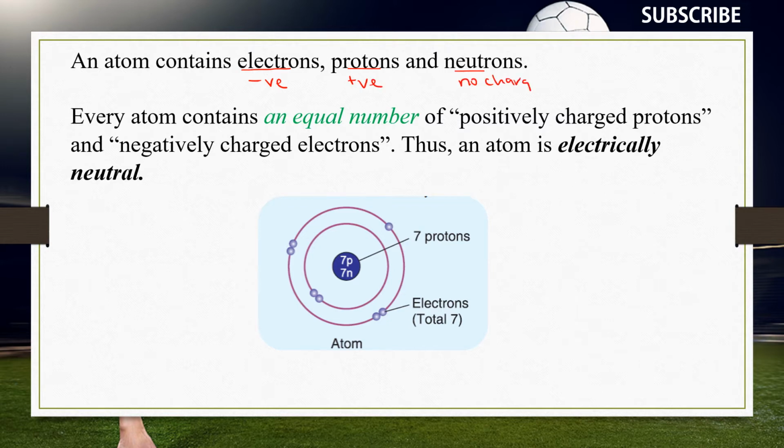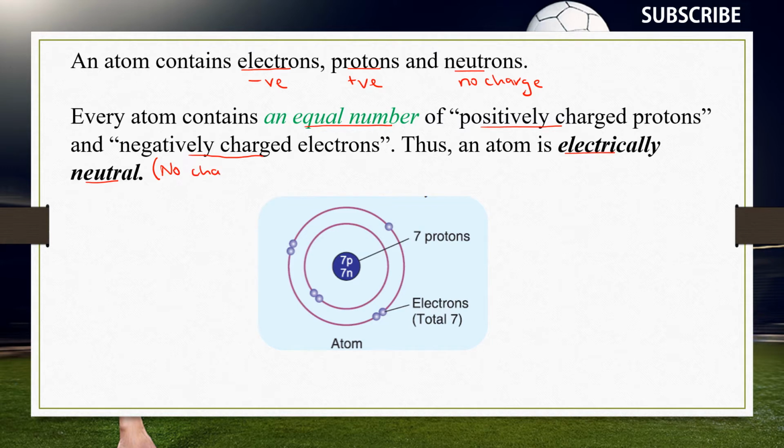And we know that an atom contains an equal number of protons and electrons. So positively charged protons are always equal to the negatively charged electrons. And as such, this atom is electrically neutral because it has no charges and it cannot conduct electricity.